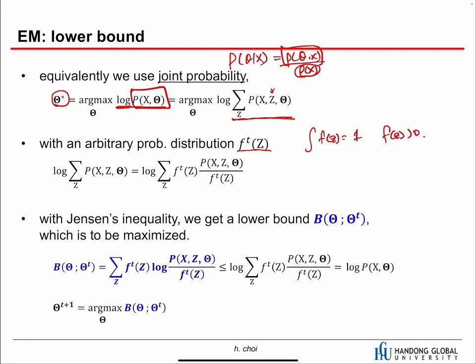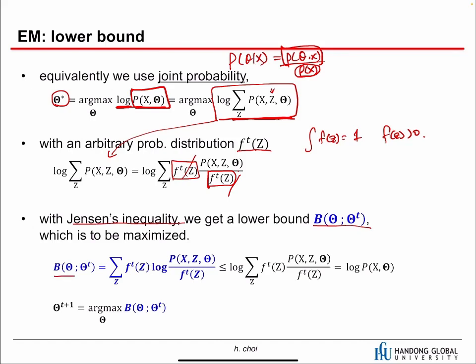Then look at this one: we multiply this one and divide by this one. Since this one is a probability and there is no zero, we can divide and the two cancel each other. So no problem. Then with Jensen's inequality, we can get a lower bound b.